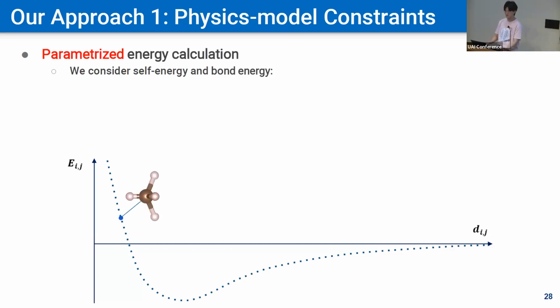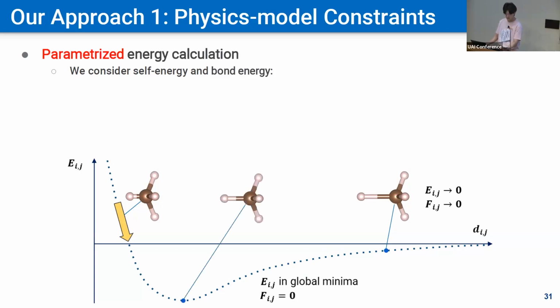First, when the atoms are too close, the energy rises rapidly and must result in a repulsive force. And second, in the limit of infinite distance, the energy and force become 0. And lastly, at the equilibrium distance, the energy reaches its global minimum while the force becomes 0. This is what we call a stable state.